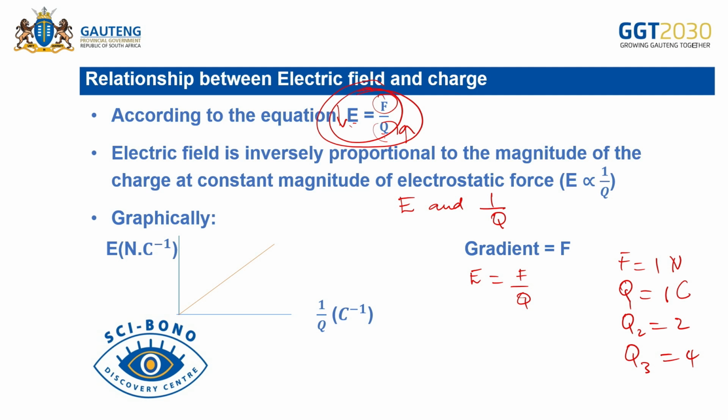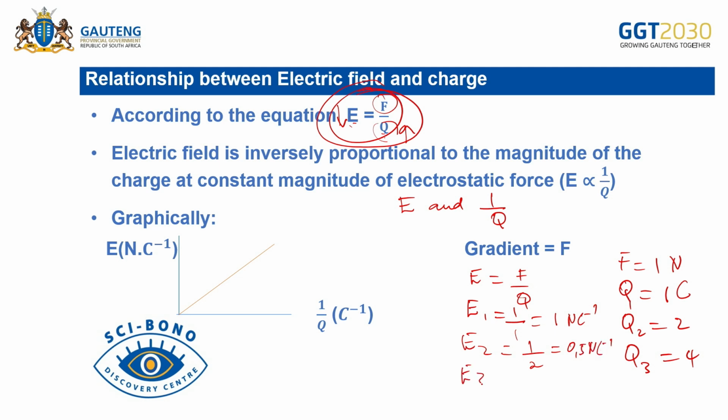It's your Q, right? So then I will have E1 as 1 over, remember my F is a constant in this case, so I've decided to use 1 there, all right? So it's going to be 1 over Q1. My Q1 is 1. Then here my E will be 1 Newton per coulomb. Let's check my E2. My E2 will be 1 over 2, which is going to be 0.5 Newtons per coulomb, right?